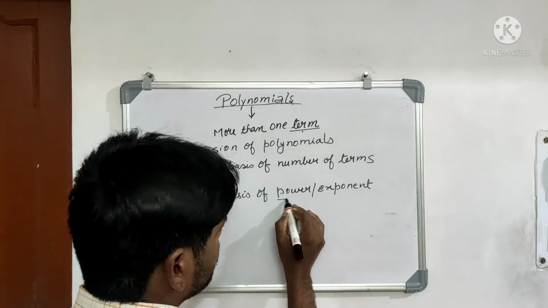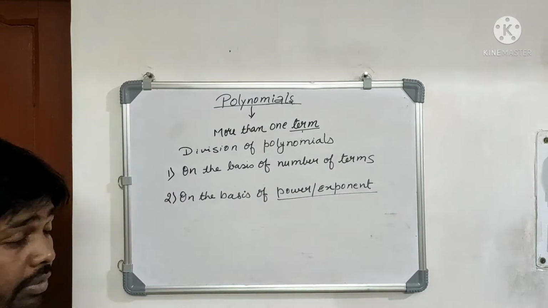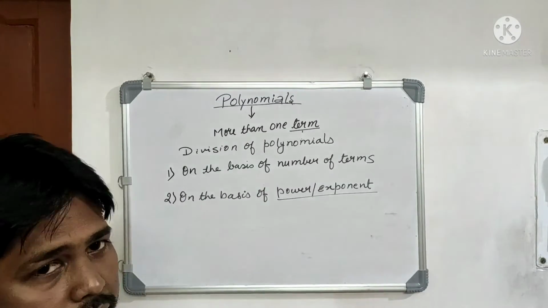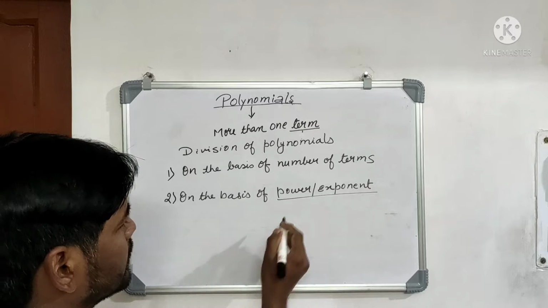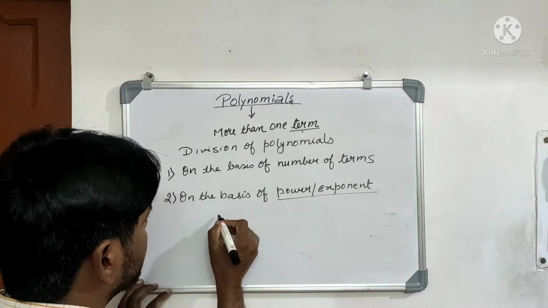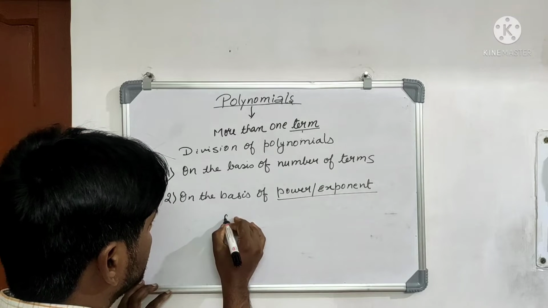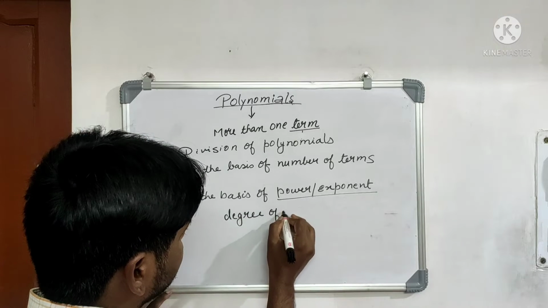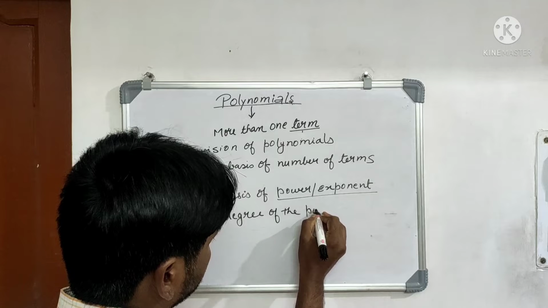Whenever we divide any polynomial on the basis of its power or exponent, this power or exponent of any algebraic expression leads to the formation of the degree of the polynomial.